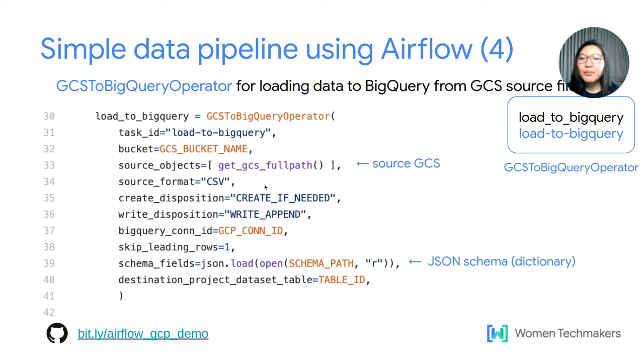You can specify more options about how to create a table, how to append to the table or replace the table. For the schema fields of the table, it will read a dictionary of the schema, or you can import from a JSON schema file as well. And lastly, we need to identify the destination table with the dataset.table name that you're going to upload to.